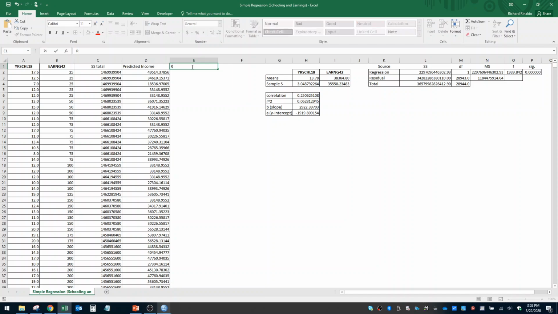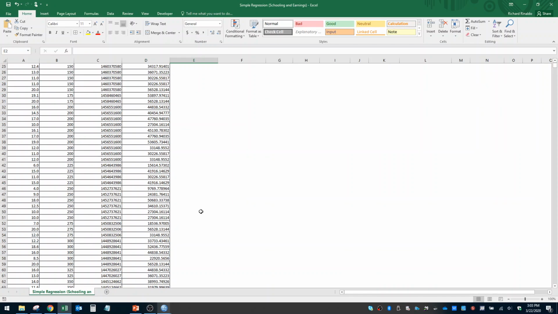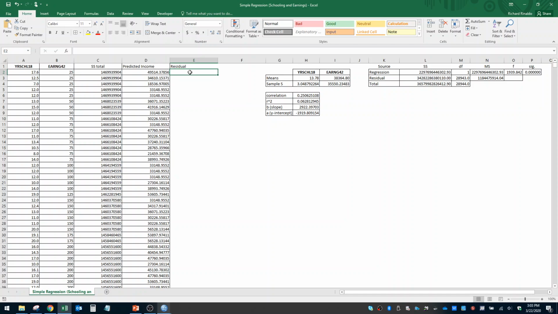So now I have to calculate my residual, which is equal to the actual earning minus the predicted earning. And that's referred to as my residual.